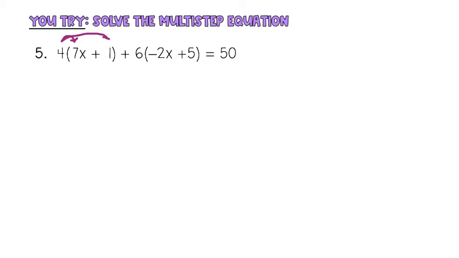We're going to multiply that number on the outside times all of the terms on the inside. So 4 multiplied by 7x is equal to a positive 28x. 4 times a positive 1 is equal to a positive 4.